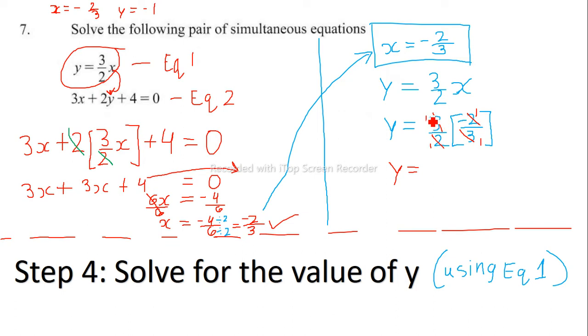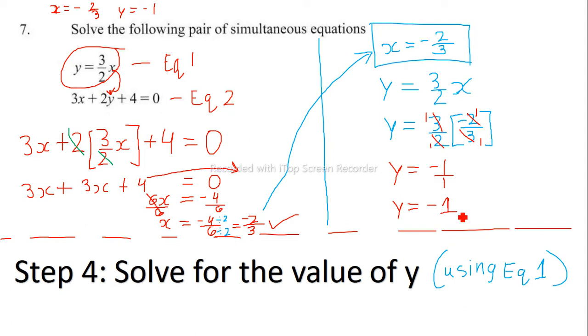I cancel out all the ones that are in common, so 3 and 3 cancel out, and the 2 and the 2 cancel out each other. And so we are left with 1 times negative 1, which is negative 1, and a 1 times 1, which is 1. So y is equal to negative 1 divided by 1, which is simply negative 1.